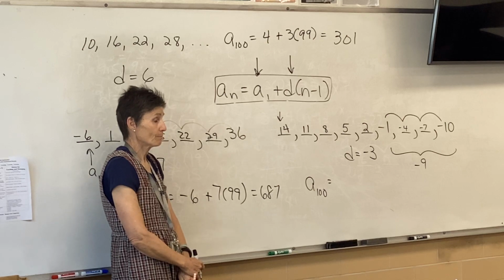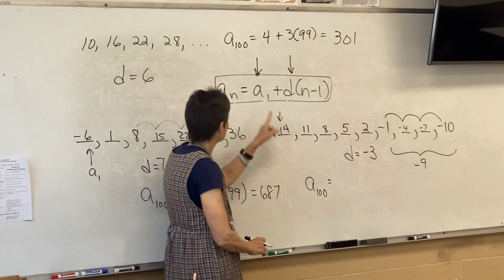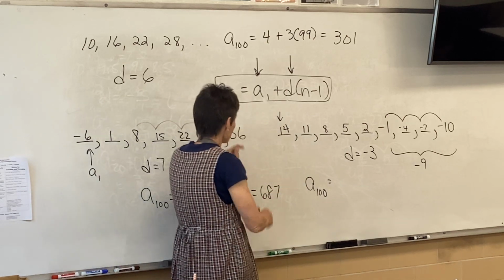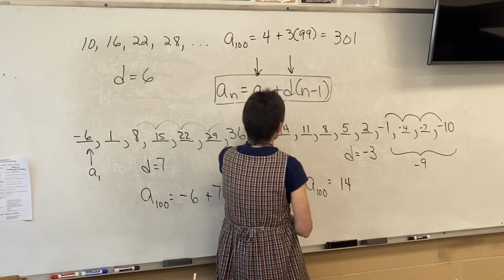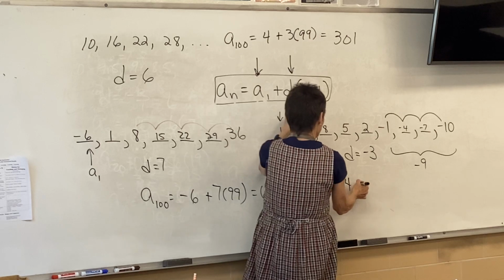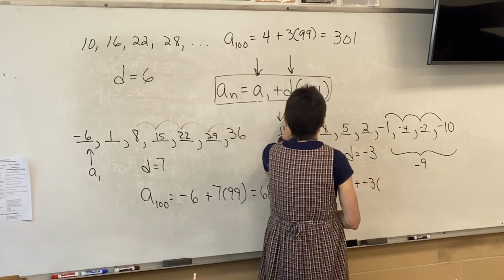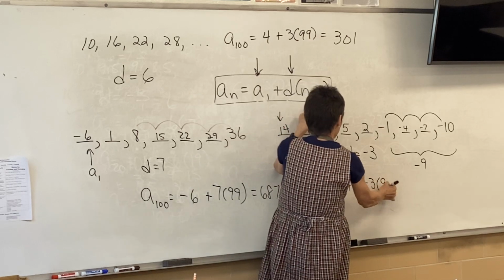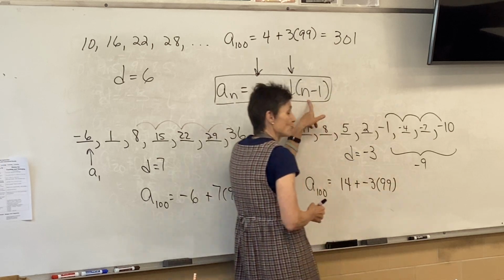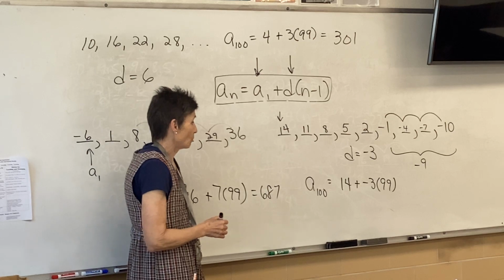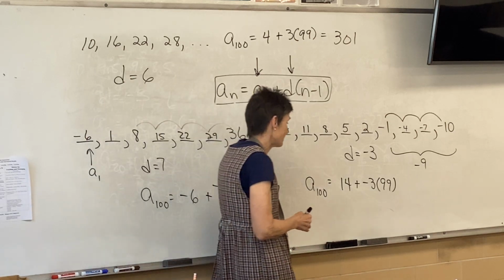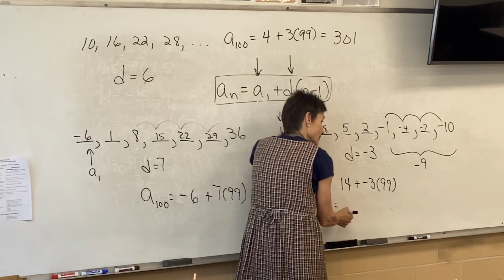The first term. So that I can do my formula, which says the 100th term is the first term plus the common difference times n minus 1, 100 minus 1. So what's 14 minus 3 times 99? Negative 269?